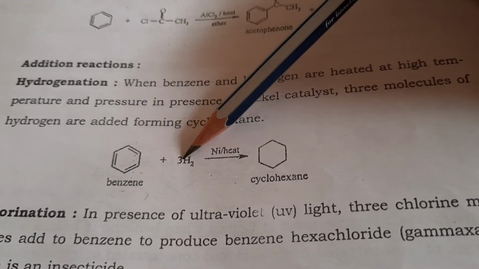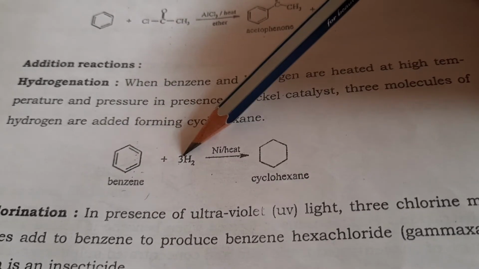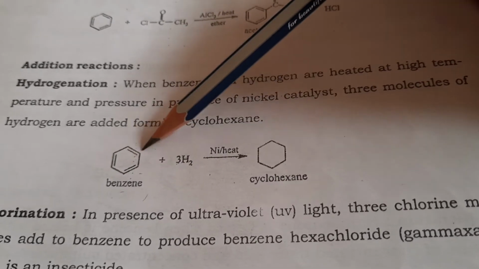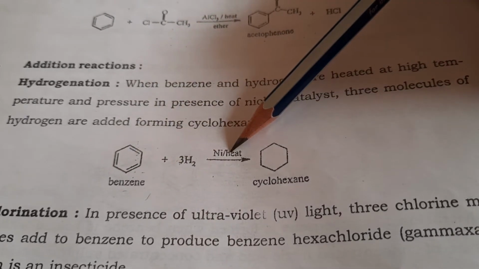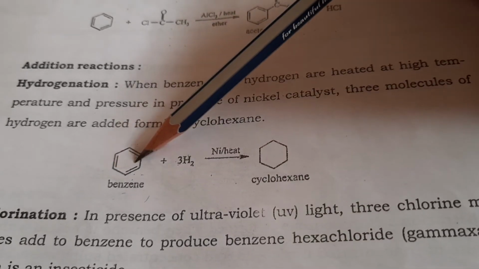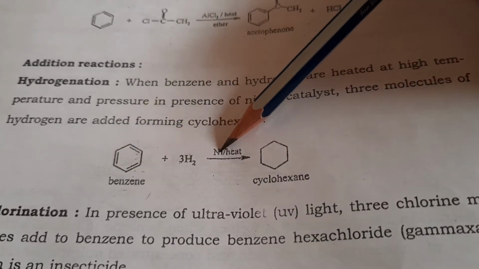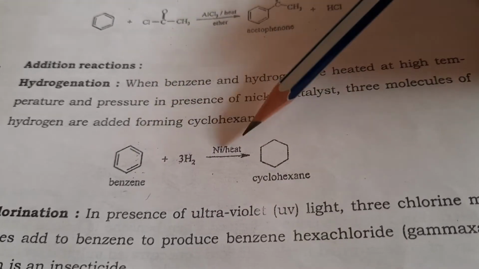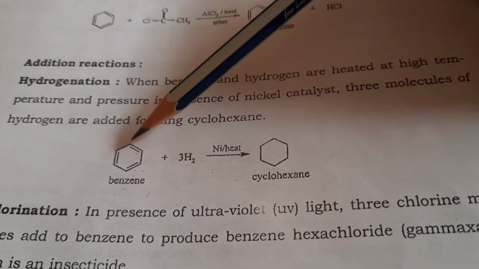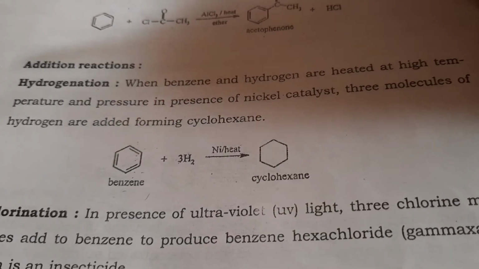Here we are doing hydrogenation. 3 moles of hydrogen are going to be added, and this reaction is carried out in presence of nickel catalyst. Hydrogen gas is passed over benzene in presence of nickel catalyst, and heat is also provided.